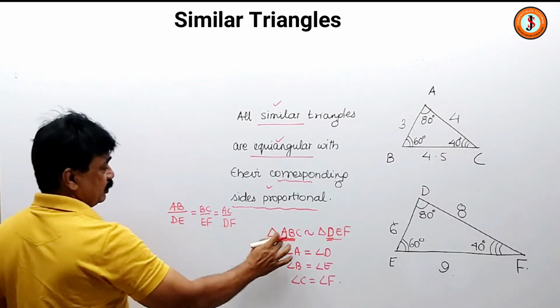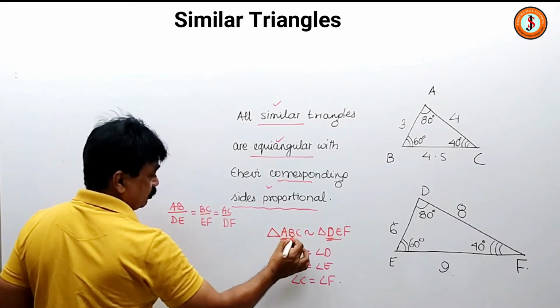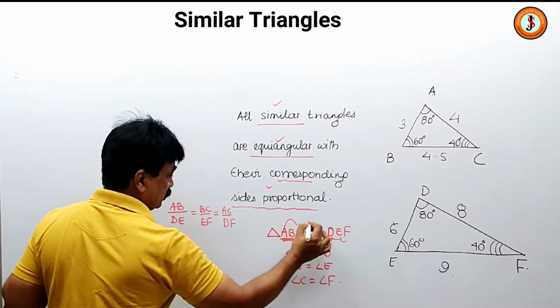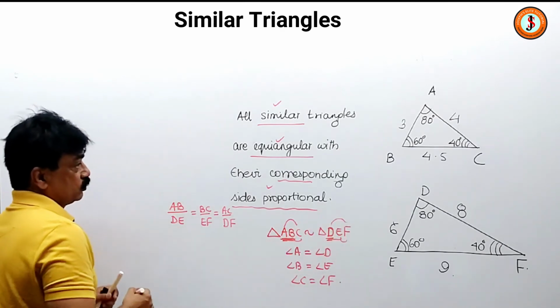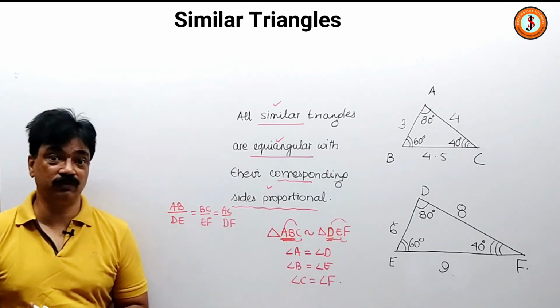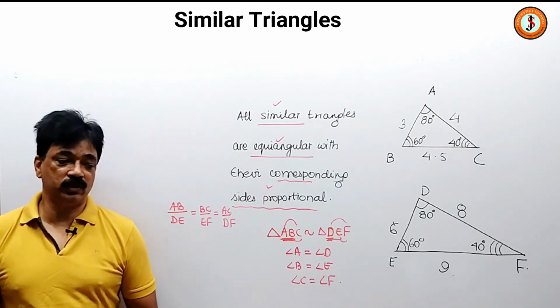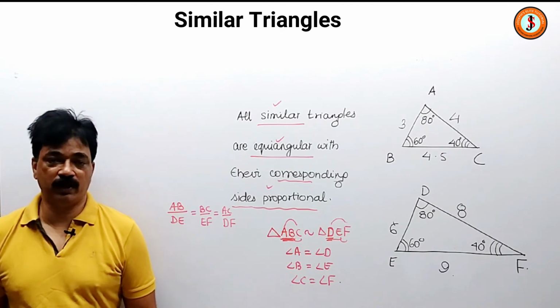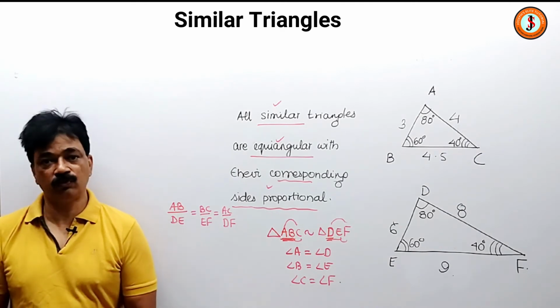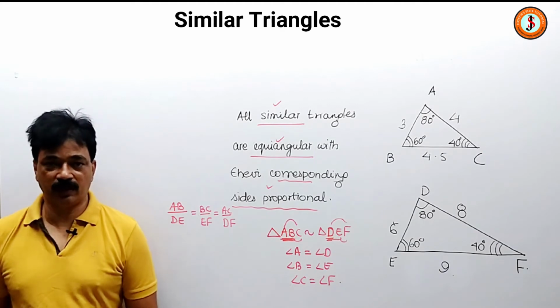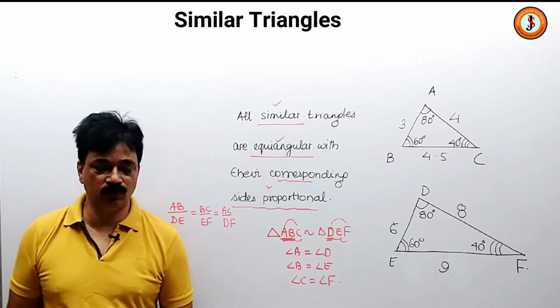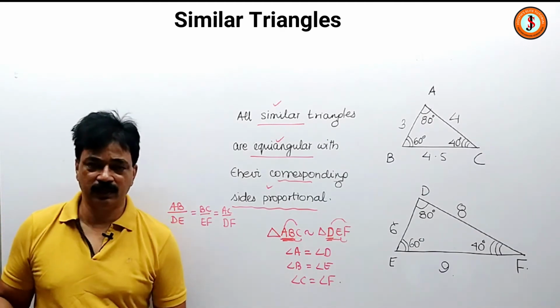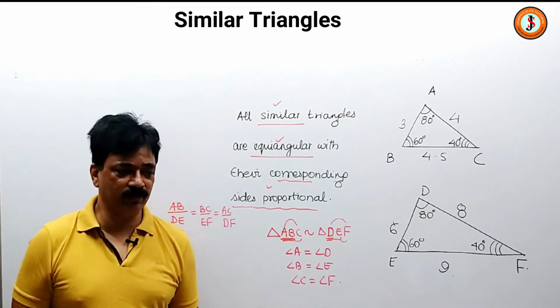So first two alphabets, last two alphabets, and extreme two alphabets. This is the most important thing which you have to understand about similarity. So we do some questions to understand similarity in a better way.